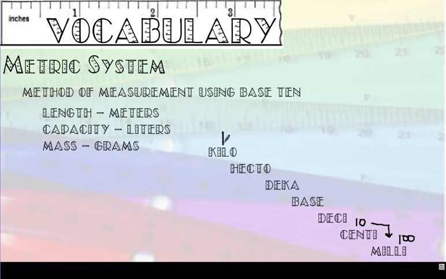So if I have one of these, that's 10 of these, 100 of these, 1,000 of these, 10,000 of these, and I'm going to erase this here so you can see more clearly. 100,000 of these, and 1 million of these. So basically, no matter what you're measuring, meters, liters, or grams, if you have 1 kilo of them, that means you have 1 million millis of them.